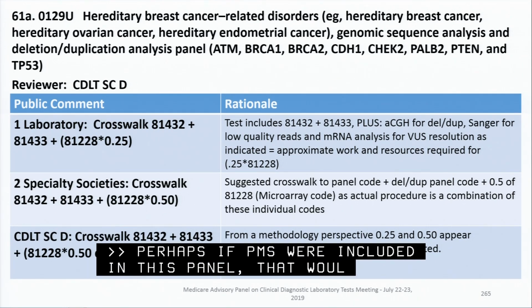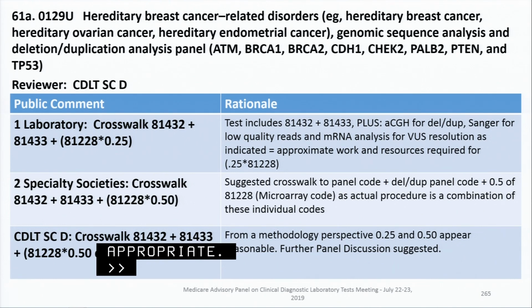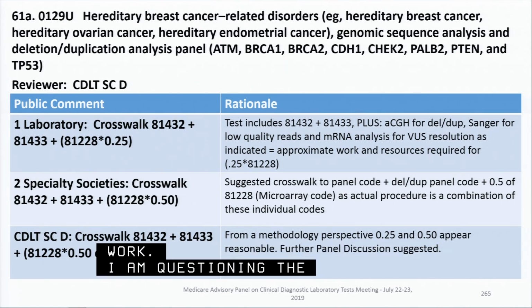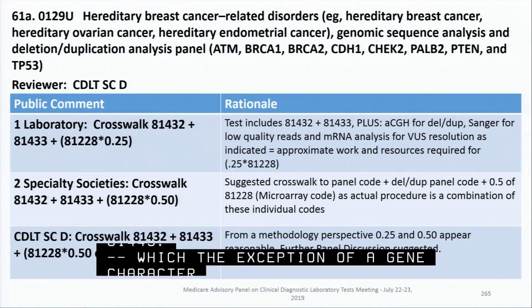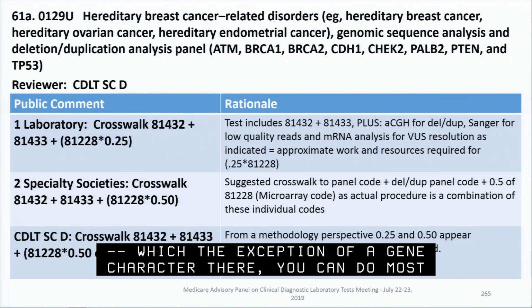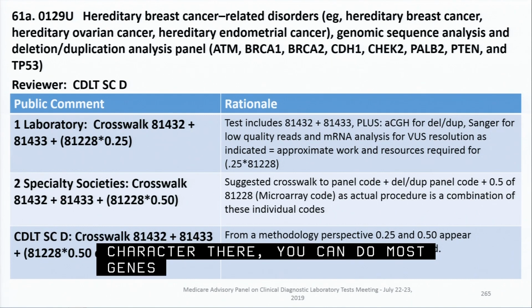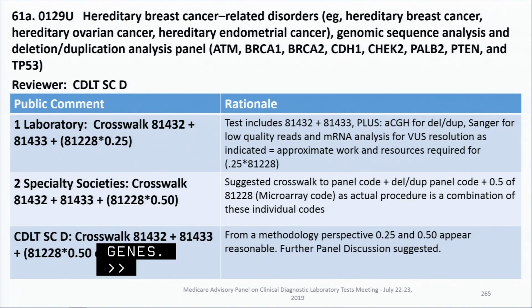I'm questioning the 81228 and the 81433 because, with the exception of a gene here or there, you could do most genes either way. Again, there are these multiple regions that just aren't able to be captured in that methodology.